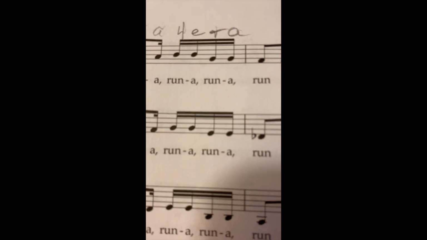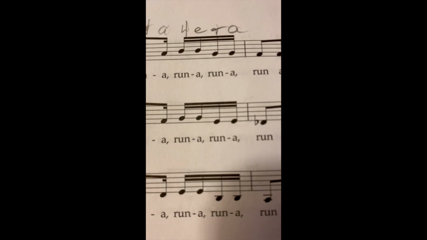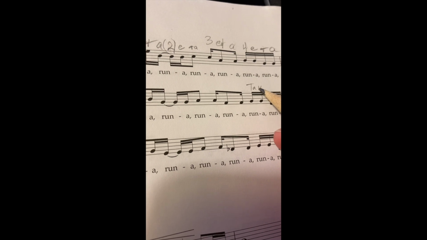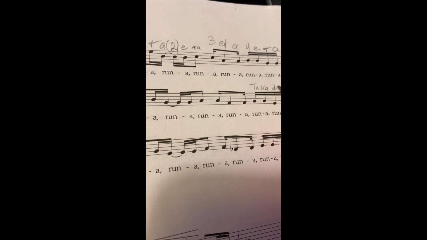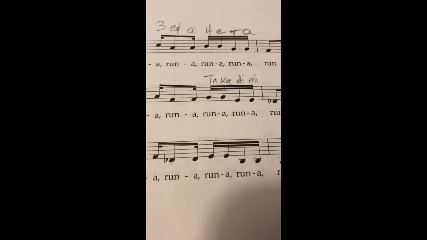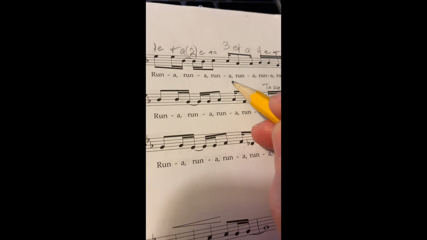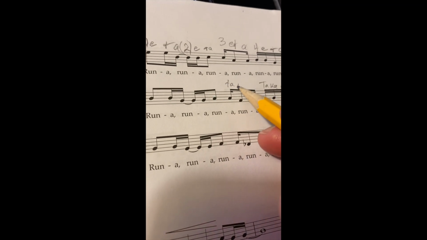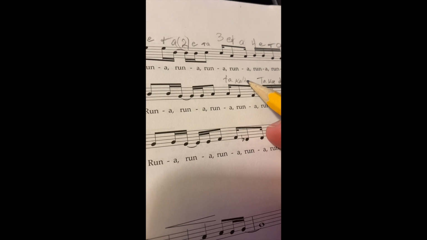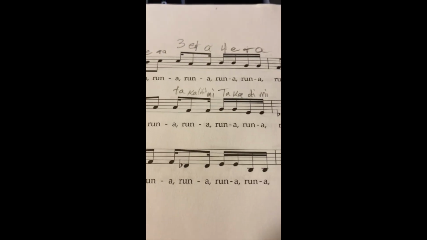So this, instead of being 4 E and a, is ta, ka, di, mi. This one is ta, ka, di, mi. This one is Takami.